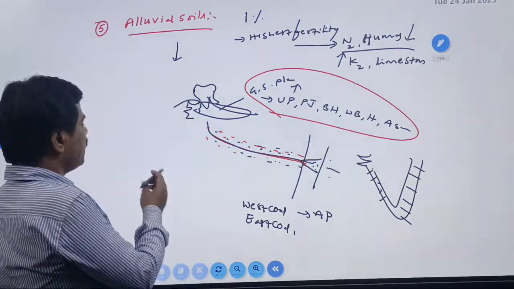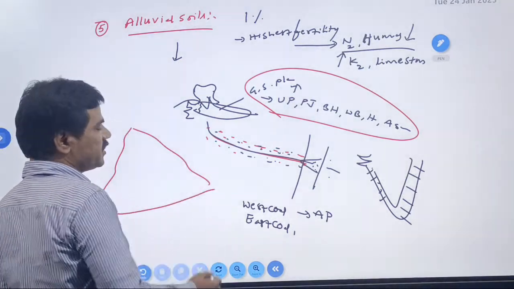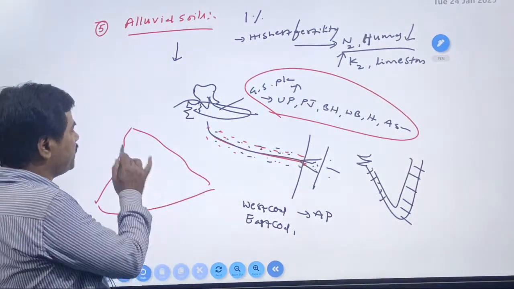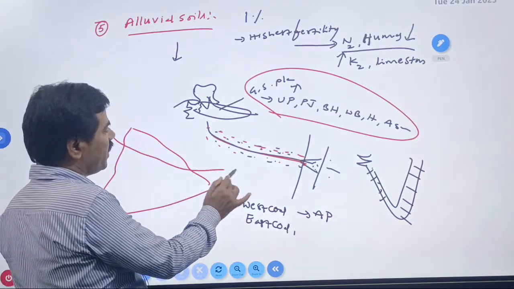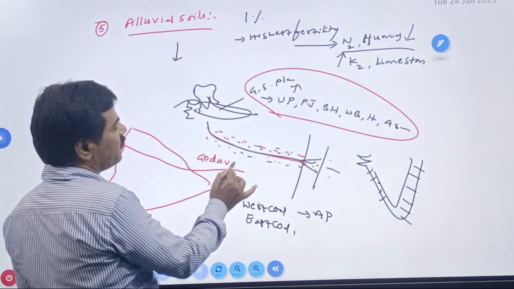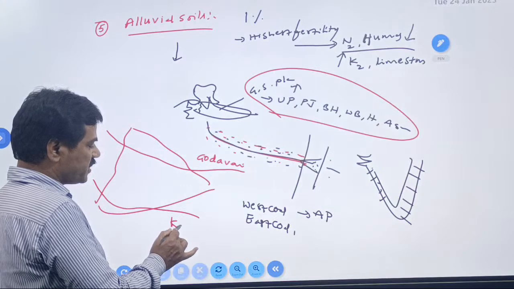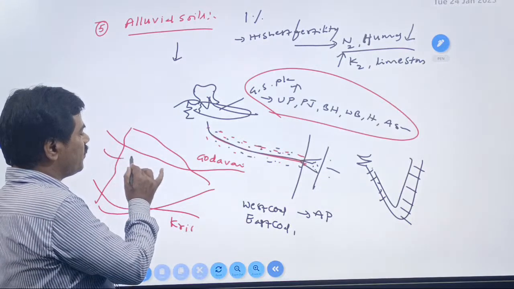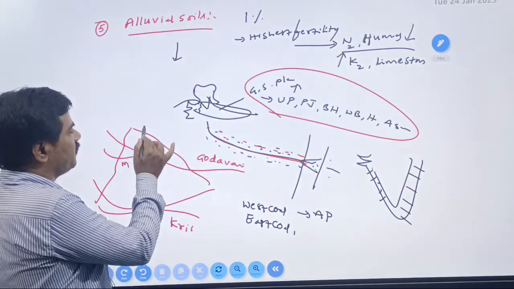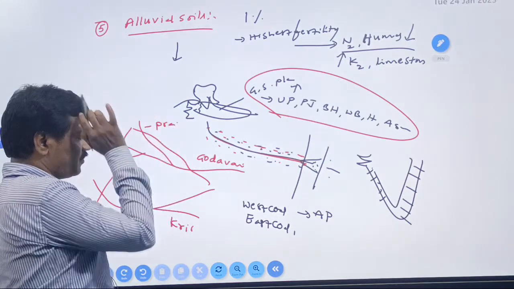In Telangana, the percentage of this type of soil is very small, 1%, which is on the banks of the Godavari river, and also the Krishna river basin, the Manjira river basin, and the Pranahita river basin.